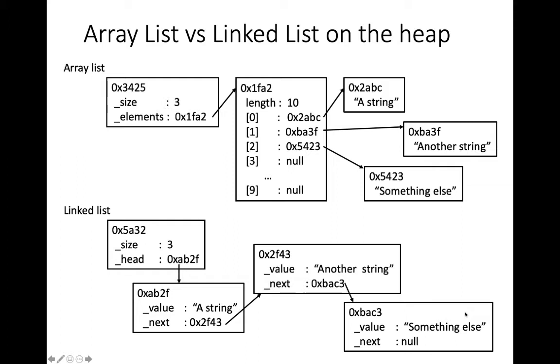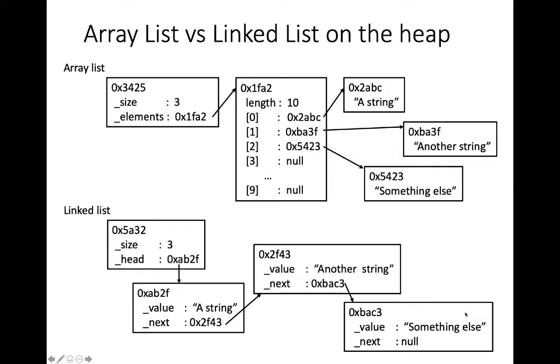So here's an array of strings that is our storage for our list of strings, and the elements field inside our array list points to this array. That's where it's actually being stored. The first 3 things are references to the first 3 strings, and the rest is null at first.